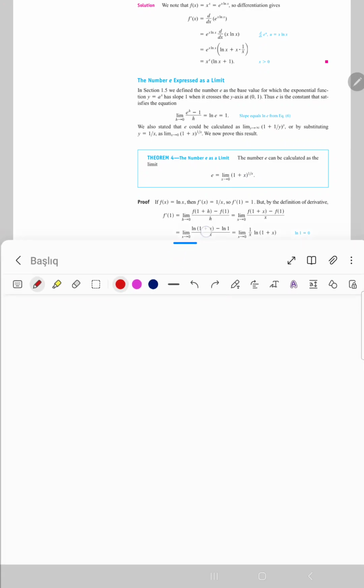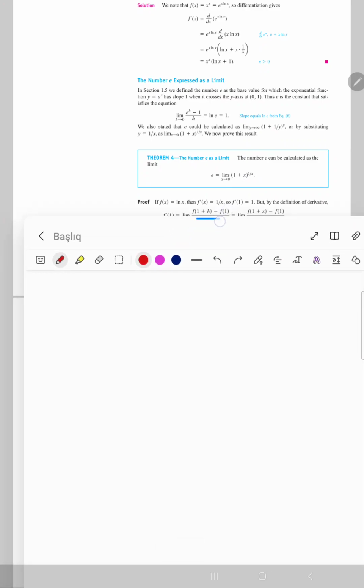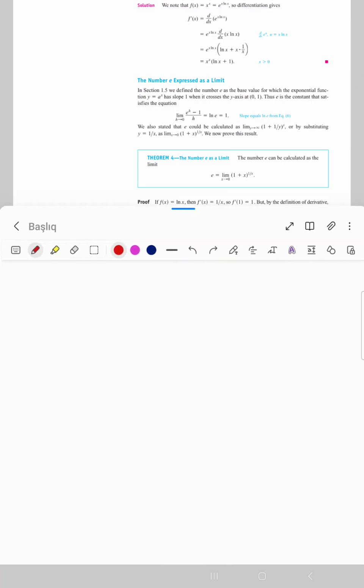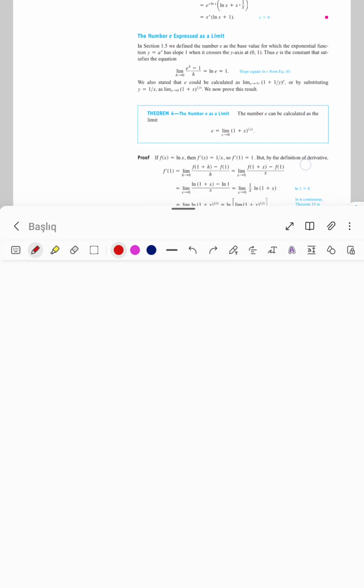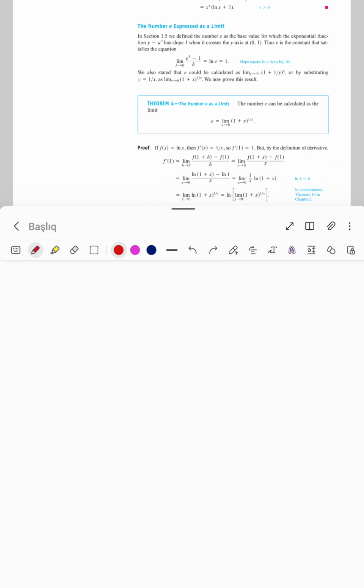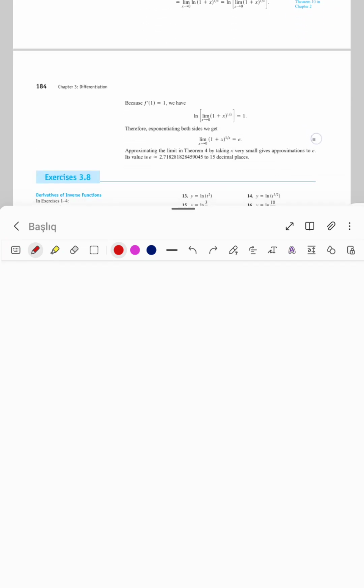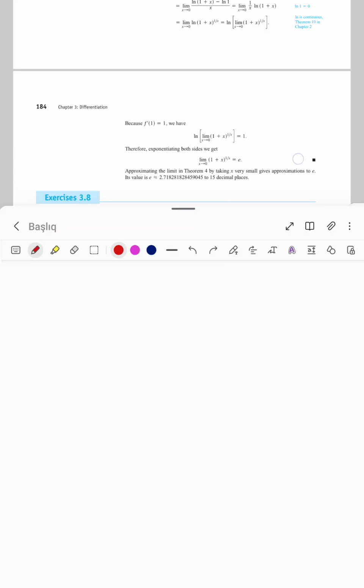This is the second remarkable limit. So we know the first remarkable limit. The second remarkable limit could seem a little bit confusing, but it will really be helpful for you to solve a lot of questions.